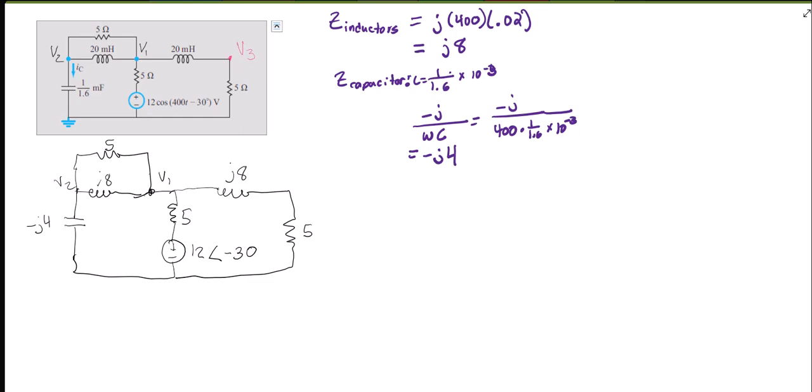So if I look at having my V right here, V is 12 angle negative 30. That's my voltage source right there. And on the other side of that is ground.